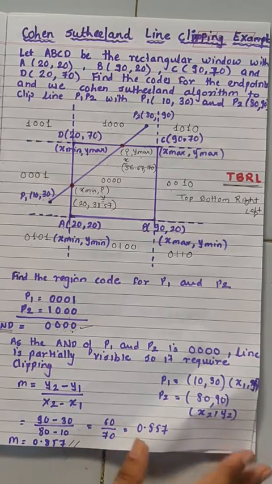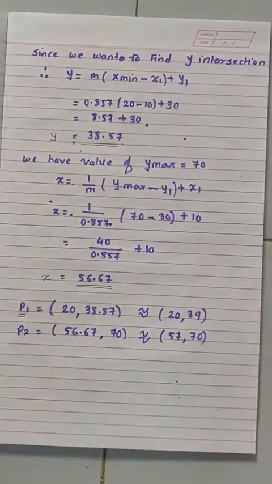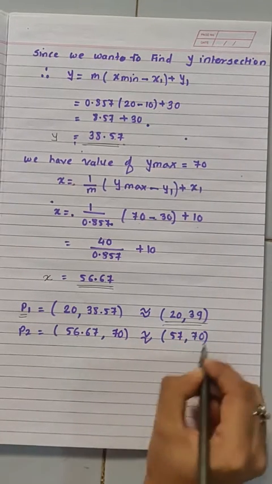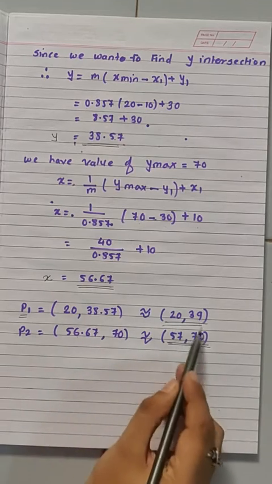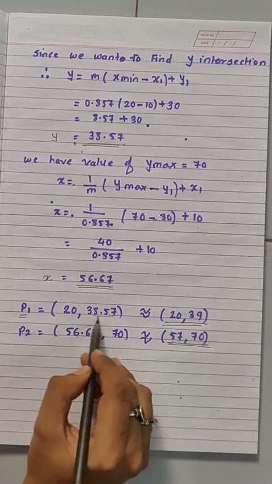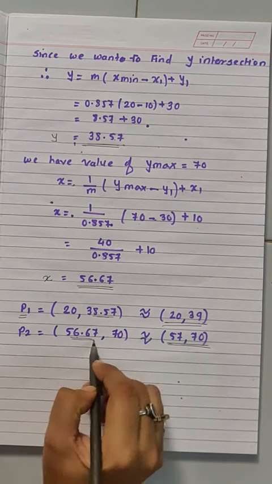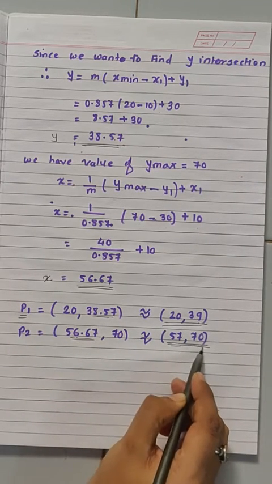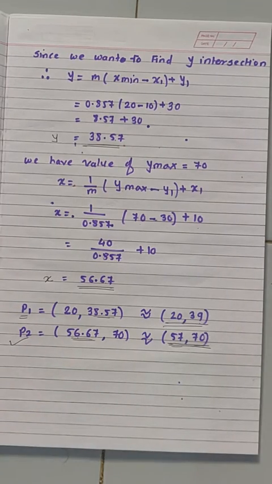As pixel values cannot be fractions, we take the approximate values of the intersections as 20, 39, because this is approximately 39, and 56.67, that is 57, 70. In this way we got the intersection points for these 2 specific lines.